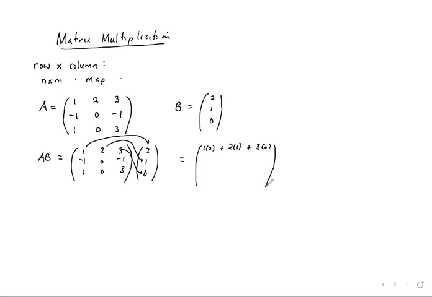And then the next one, -1 by 2 plus 0 by 1 plus -1 by 0. Again, 1 by 2 plus 0 by 1 plus 3 by 0. So we'll get the matrix 4, -2, and 2. So this is a matrix that we'll get.